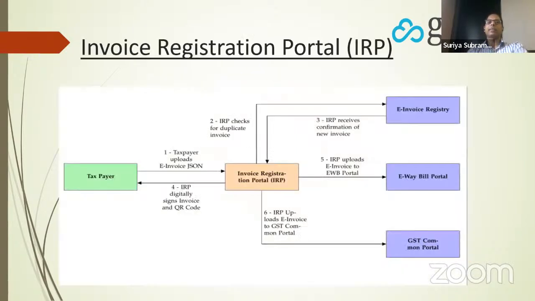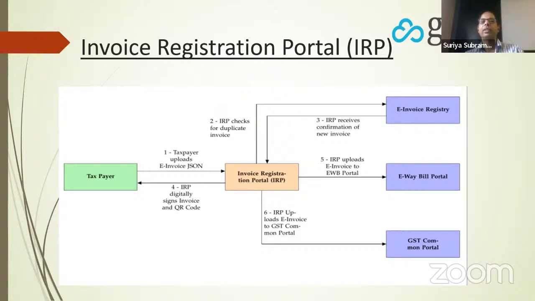The next concept to note is Invoice Registration Portal, or IRP. Right now, there is only one IRP portal, which is run by the NIC, National Informatics Center. So from the taxpayer, the data in JSON format goes to the IRP. The IRP checks for duplication, makes sure that it's not a duplicate e-invoice, and sends it to the e-invoice registry.